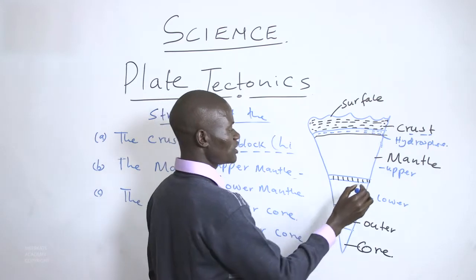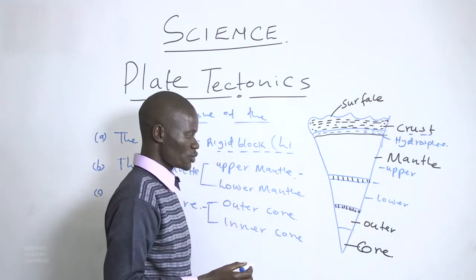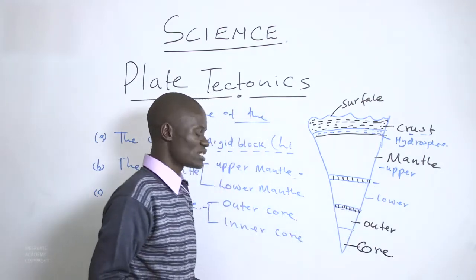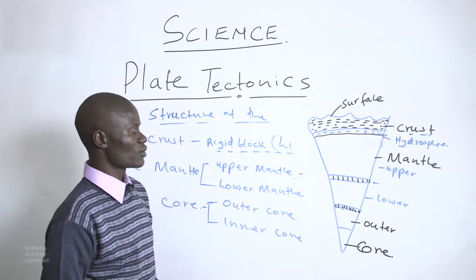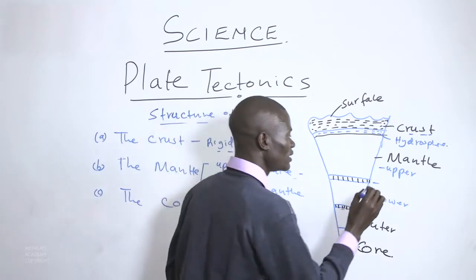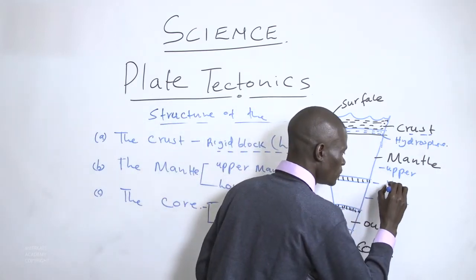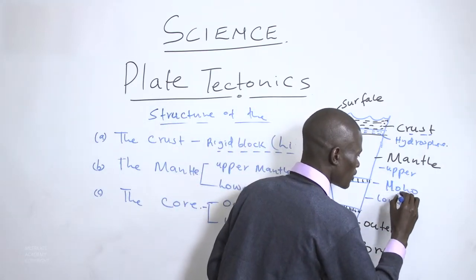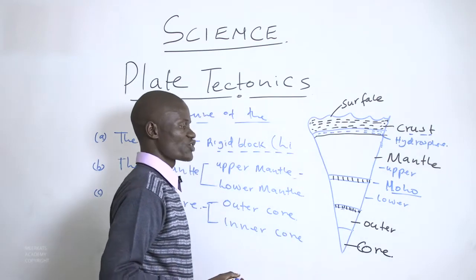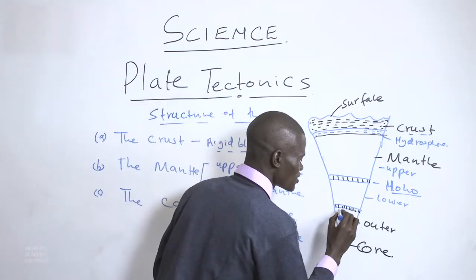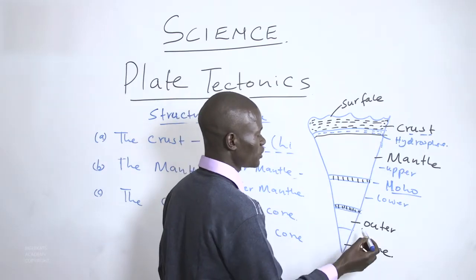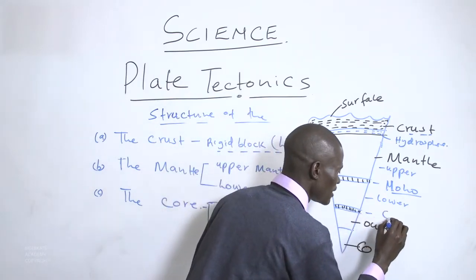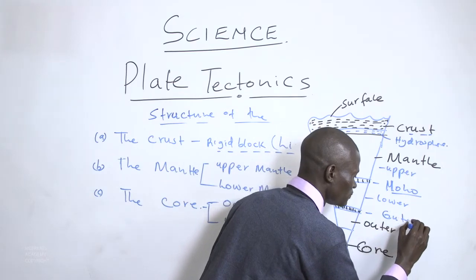I wanted to show that there are two thin discontinuity layers that appear in the Earth's structure. One is called the Moho, also known as the Mohorovičić discontinuity. Then there is a small layer that separates the core and the mantle, called the Gutenberg discontinuity.